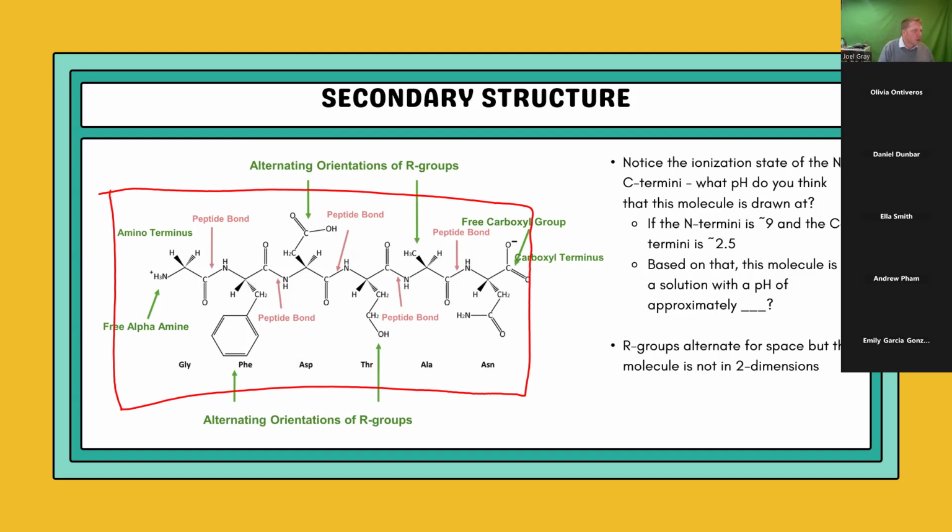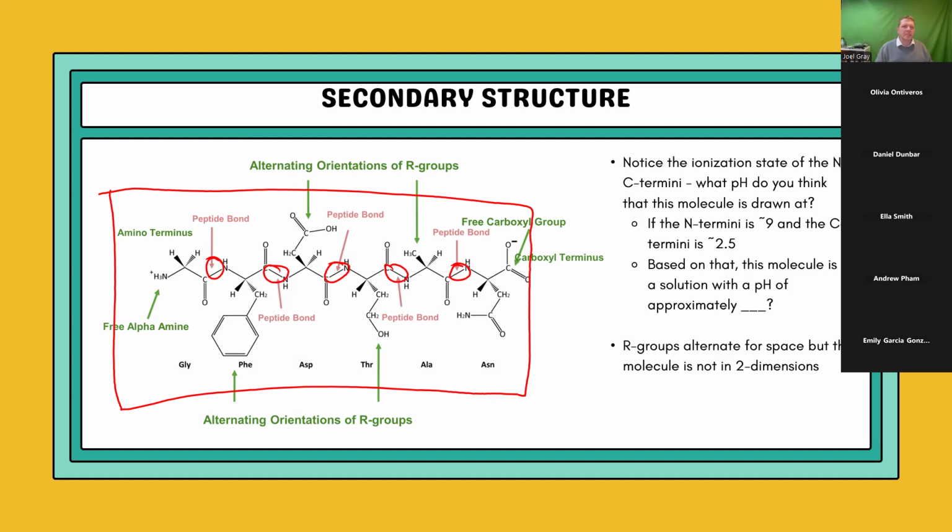Okay. Now, with that said, as much as it has movement, it has some limitations. One limitation is this peptide bond right here, and all of these peptide bonds. How are peptide bonds stabilized? I'll give you a hint. It starts with an R. They're resonance stabilized.